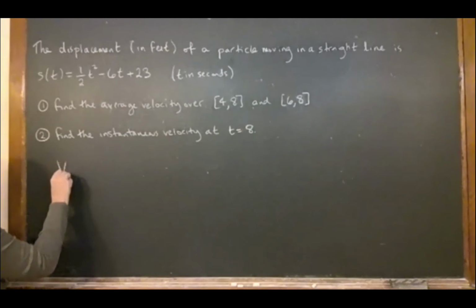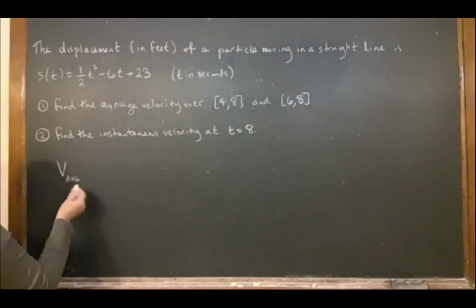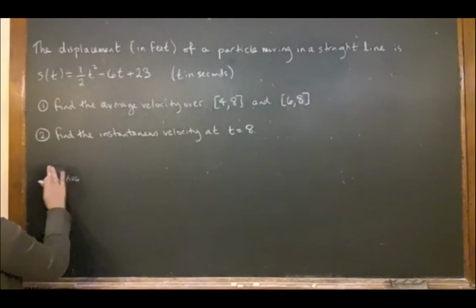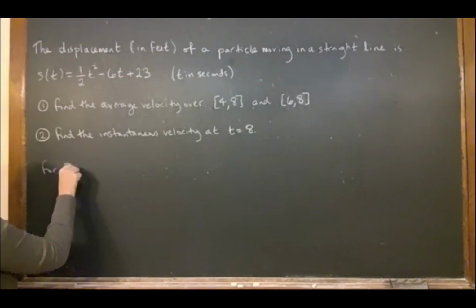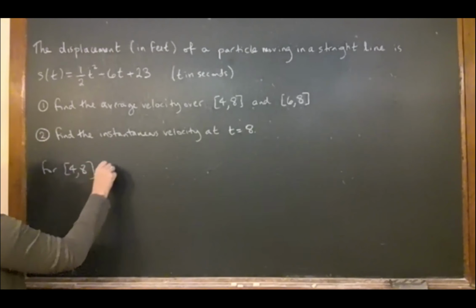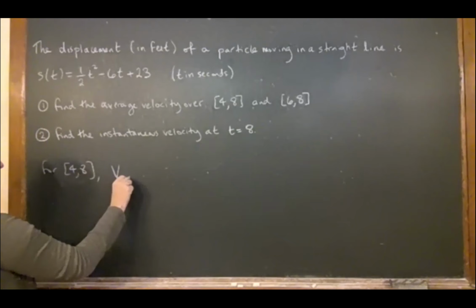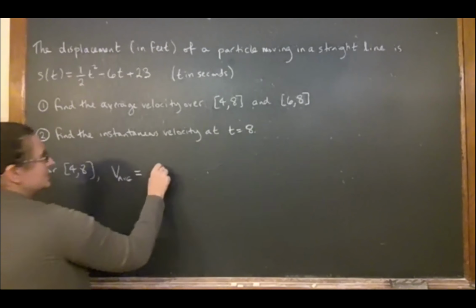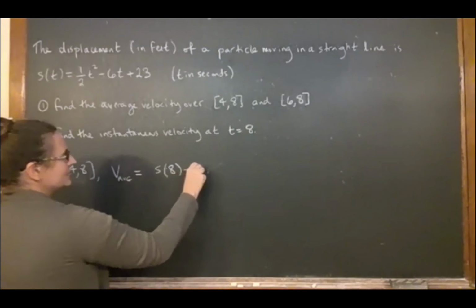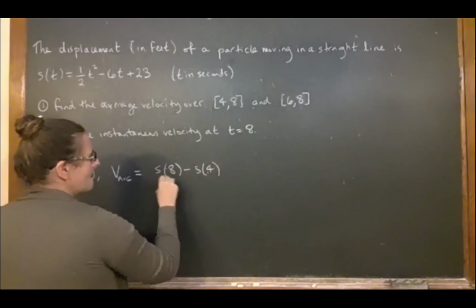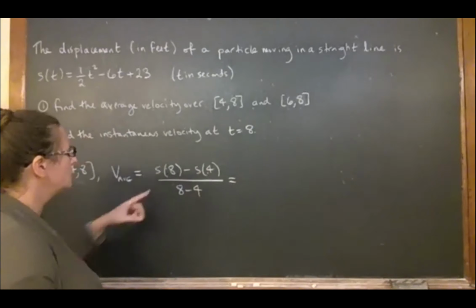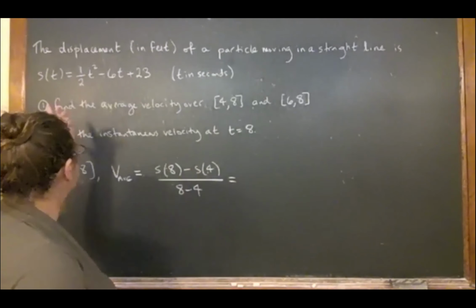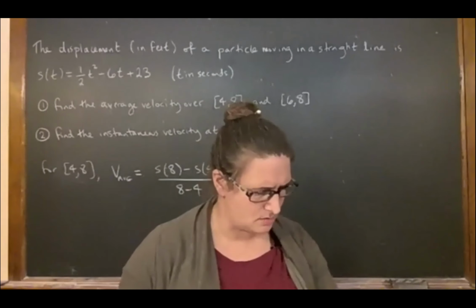So I'm going to do my average velocity for, I want to label them, for 4 to 8. The average velocity is going to be s of 8 minus s of 4 over 8 minus 4. So you're just going to plug those numbers in and figure it out.